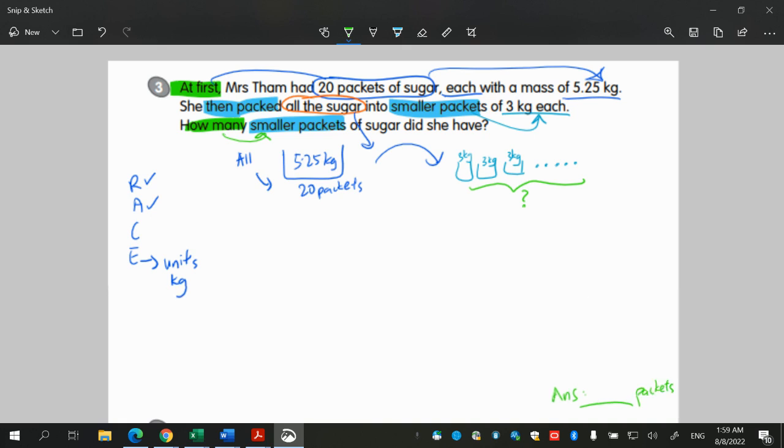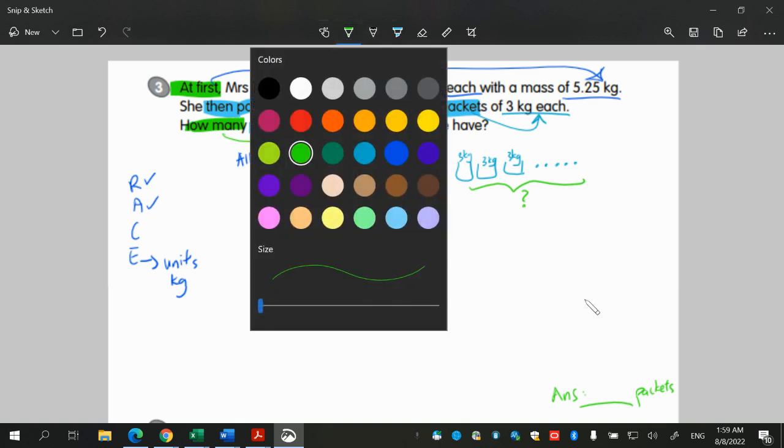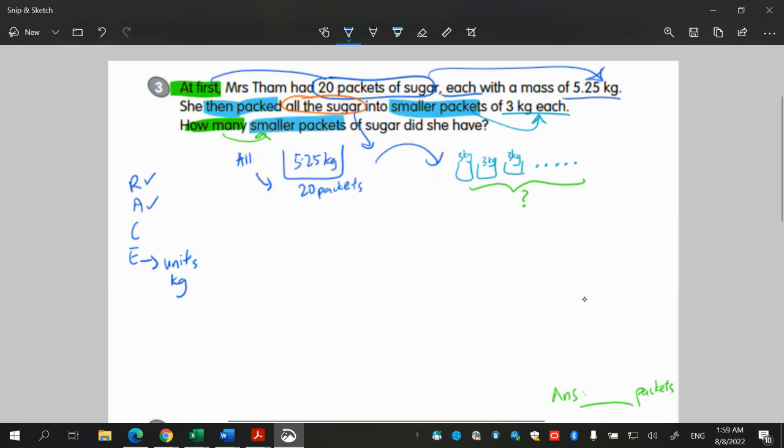Okay, so let's go on to solve the question. First, we're talking about all the sugar. You've got to find all the sugar. So what's all the sugar? All the sugar means all the 20 packets. So 20 units, each packet 5.25 kilograms. Now over here, there's no calculator symbol.